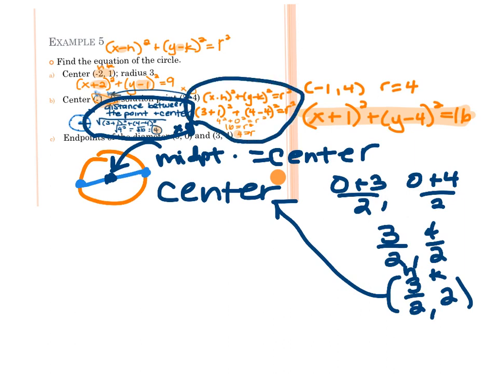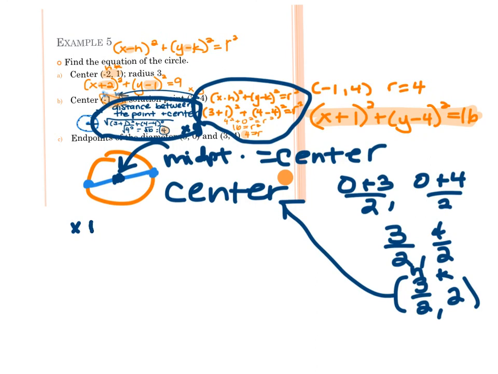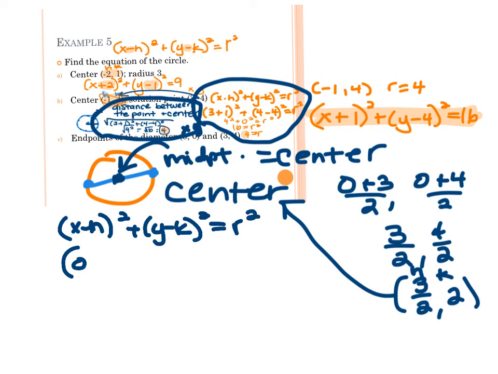So I'm going to work out that second one. So the x minus h squared plus y minus k squared equals r squared. The x in this case is 0, so it's 0 minus the h, 3 halves, squared plus the y is still 0 minus the k, which is 2, squared equals the radius squared.